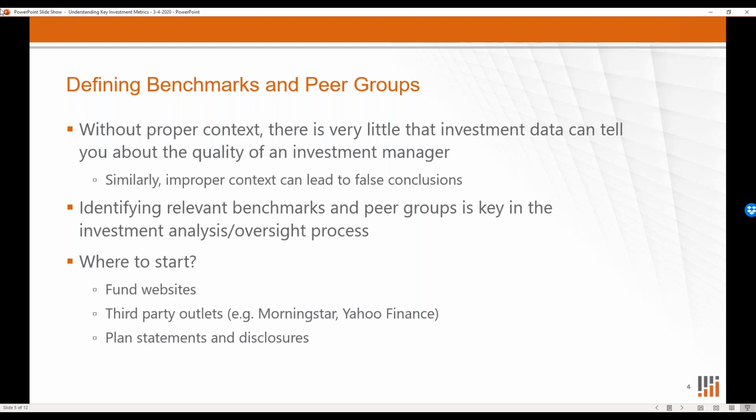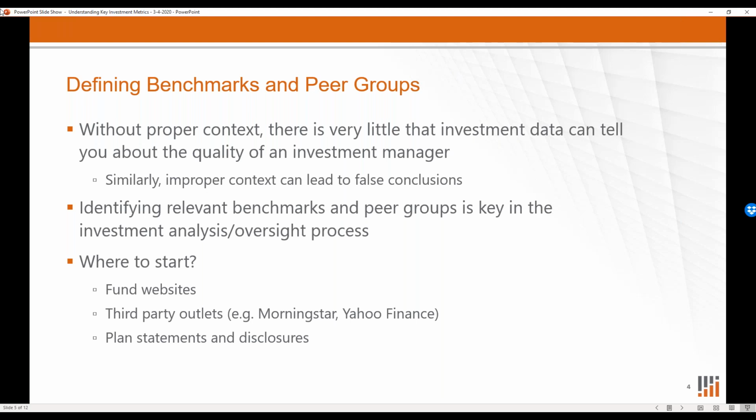The second sub-bullet point at the bottom of the page: using third-party outlets to identify benchmarks and peer groups. We would strongly encourage plan sponsors to supplement whatever they do find on an investment manager's website with what's available publicly via third-party outlets.